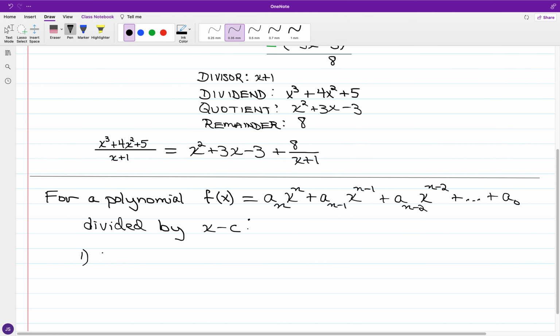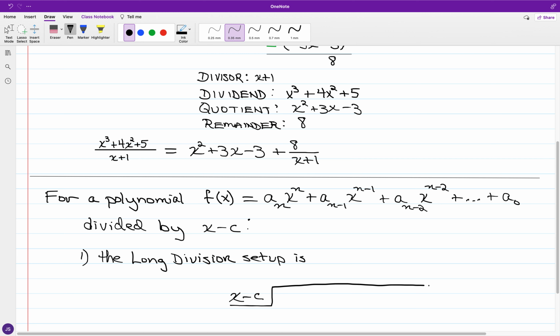First of all, we have the long division setup, whereupon you have x minus c, and we have taken into a of n x to the n, and we have both the divisor and the dividend arranged in descending degree order.